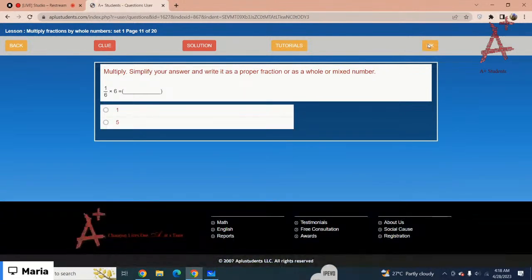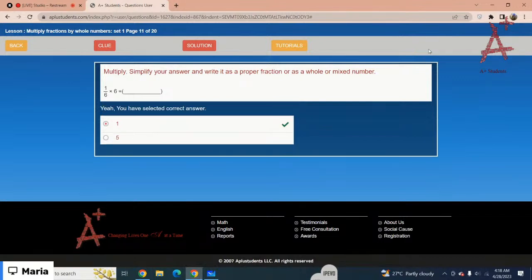Okay, 6 times 1 by 6. So which is the correct option? Yes, that would be 1. You can just cancel out the 6 and you're left with 1.